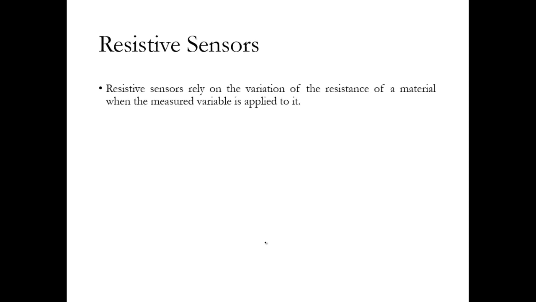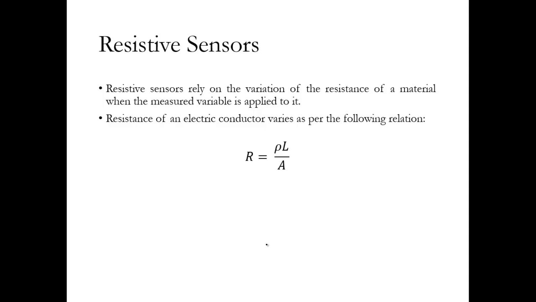And then we have resistive sensors, and obviously this is more about the resistance of a material. We change the resistivity of the material, or we change the length of the material, or we change the area of the material, and accordingly its resistance changes, because the resistance of a metal conductor, or an electric conductor as we generally refer to it, is given by rho L by A, where rho is the resistivity, L is the length of the conductor, and A is the area of the conductor.